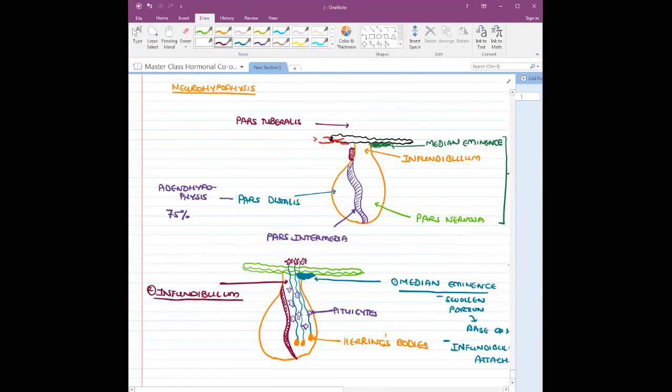Like I said, a small hit on this and it is going to knock off your entire pituitary. So what is the job of this infundibulum? The first thing is that it attaches the pituitary to the hypothalamus. This is the first most important thing.